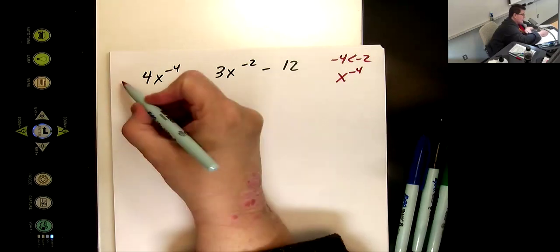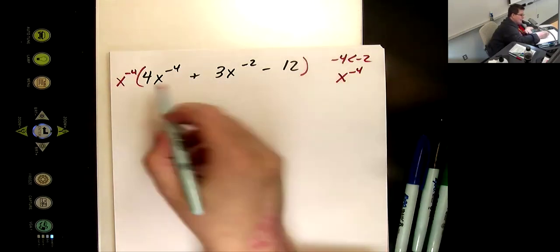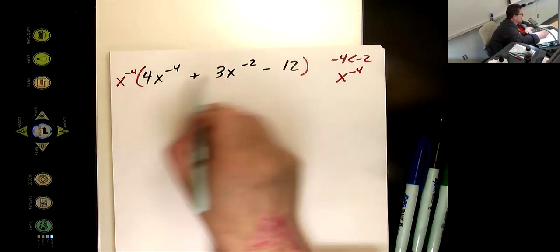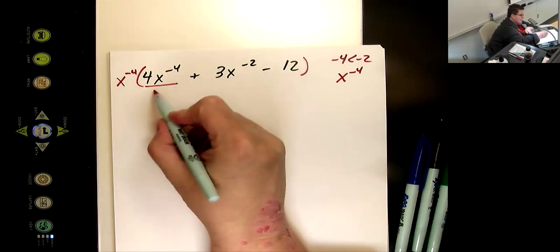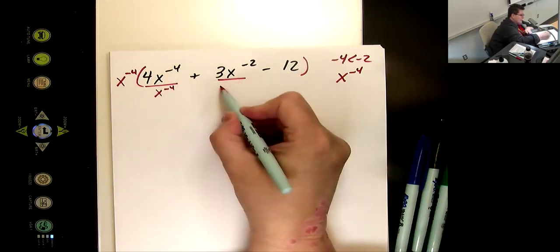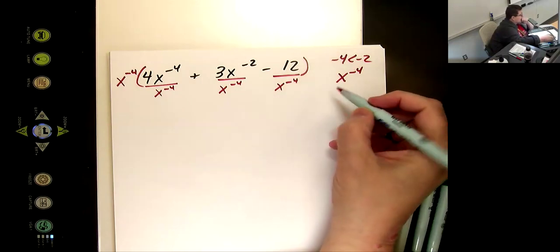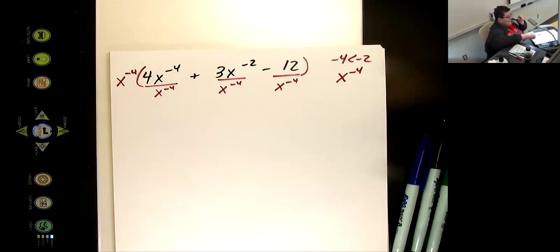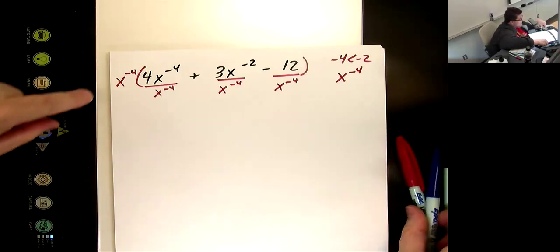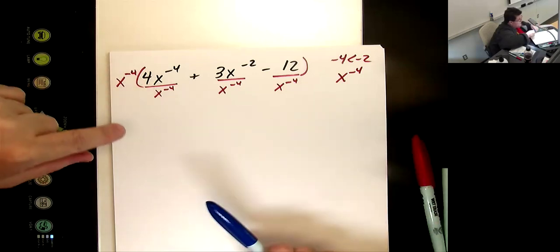We are going to factor out x to the negative 4. This is a 4 and this is a 3, so none of the coefficients factor. And if we do the dividing by x to the negative 4, what should we have left over? That's why I showed this in the last step, because it's intuitive what to do when you pull x to the negative 4, what's left.